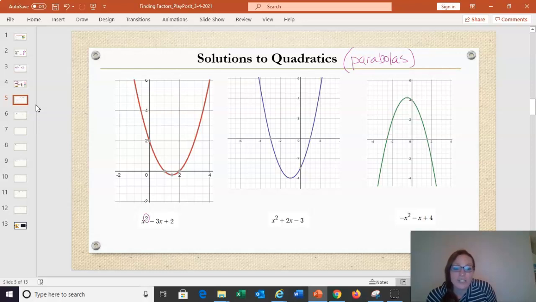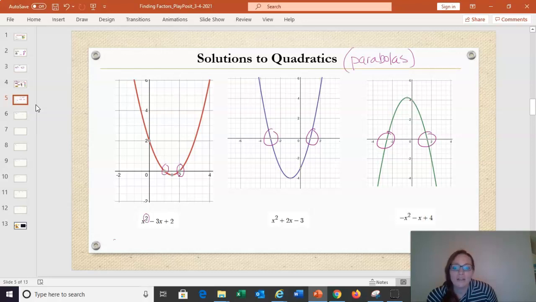And here's the solution. I bet if we were together in live class, you would take your pointer tool and point at the solution. Here it is, there and there. The red one has 2 solutions. The blue one also has 2 solutions. And the green one has 2 solutions. So visually, what are solutions to a graph?